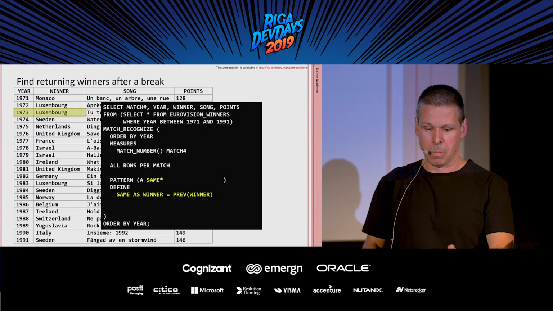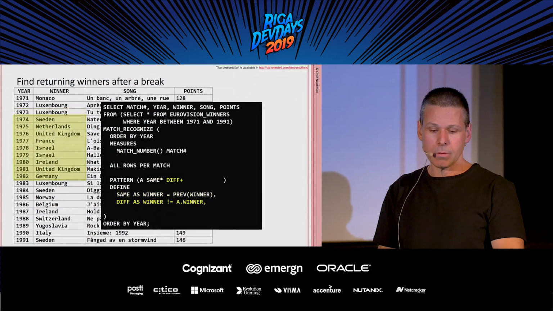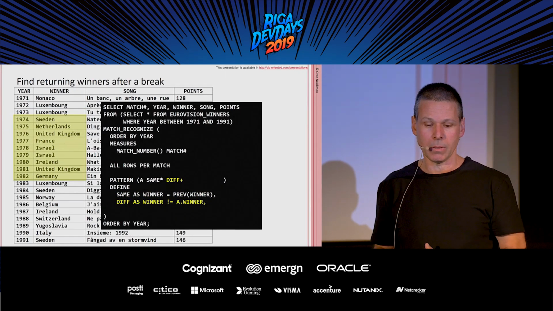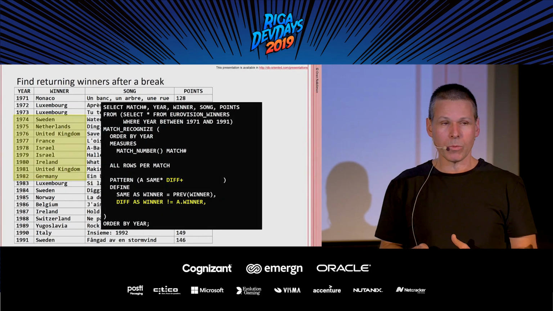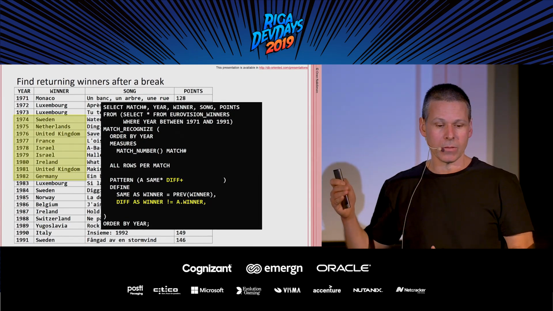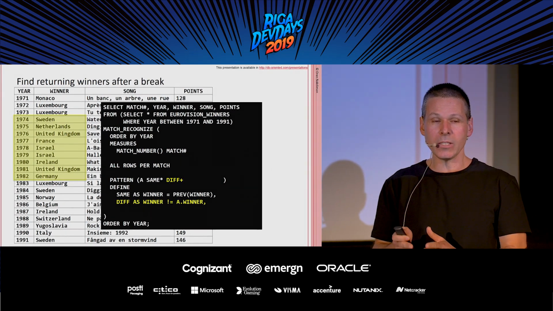Okay, so SAME is winner equals PREV winner. Now, we want at least one or more DIFF records, different country. And they may be various countries, but all of them should be different than the country of the A record. So see how we do it. We define that the winner is not equal to A.winner.